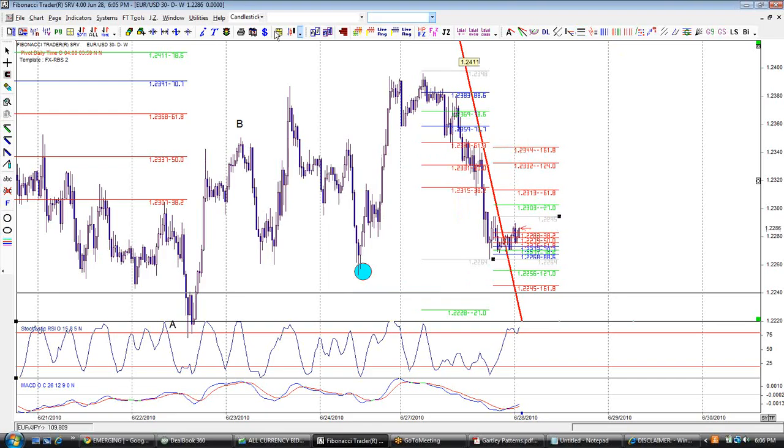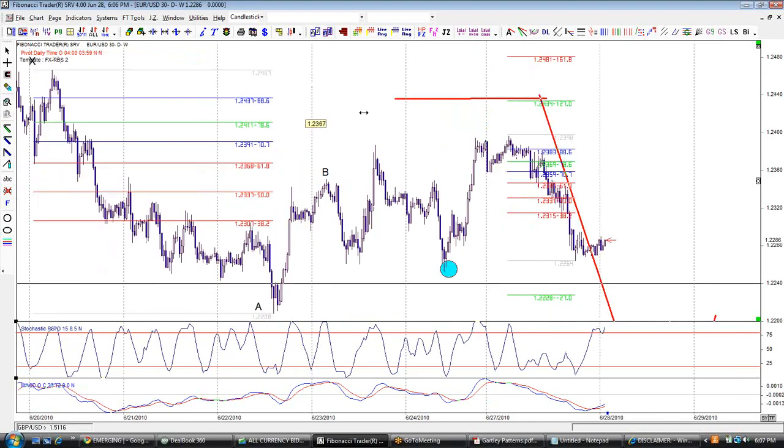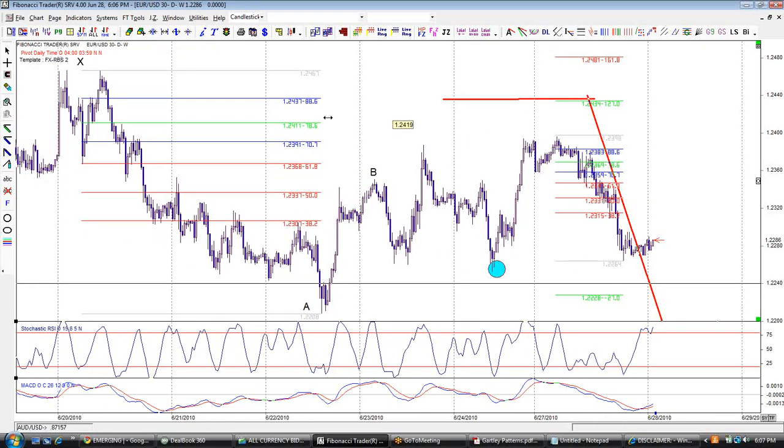Let's take a look with this one now. Convergence is very close. Not a perfect convergence, but it's still within 5-6 pips. I would use candlestick formation on this pattern, and especially where we have this convergence a little higher.